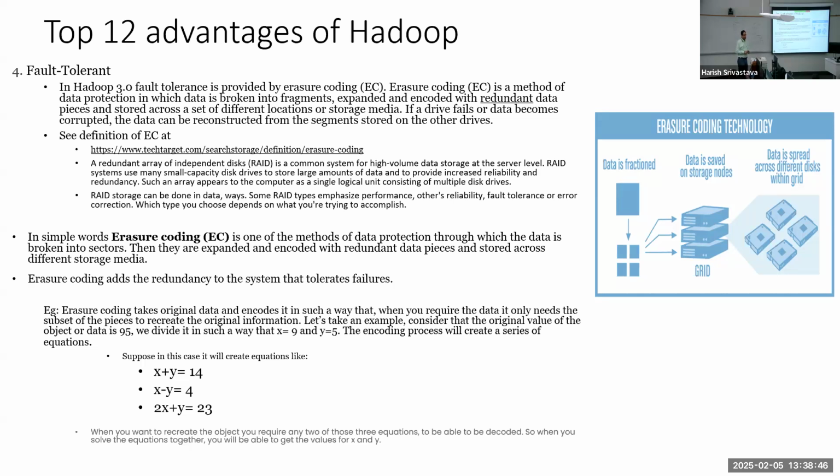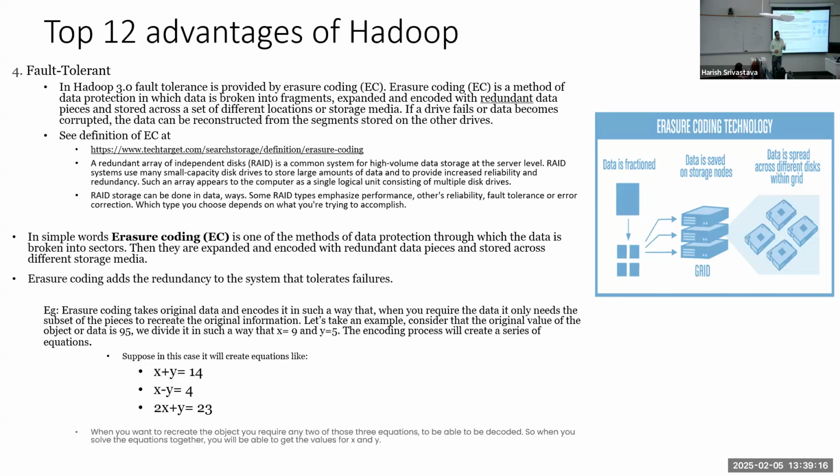But if I take our data and break it down in a way: first I will break the data, and then after breaking the data, elongate it and then replicate it. Again repeating: take the data, split the data, elongate the data, and then store it in RAID.